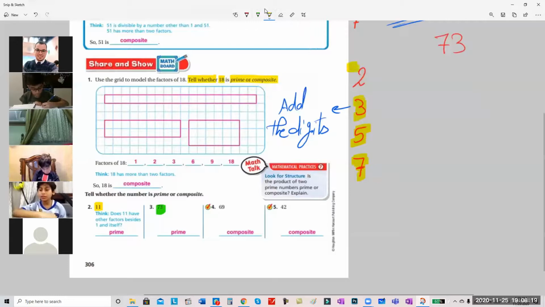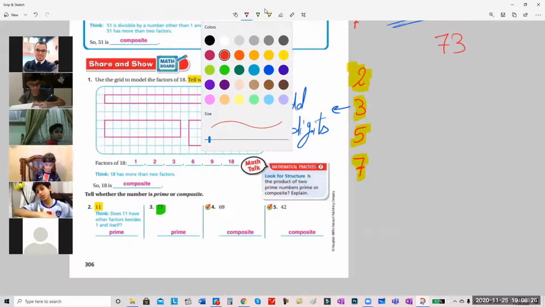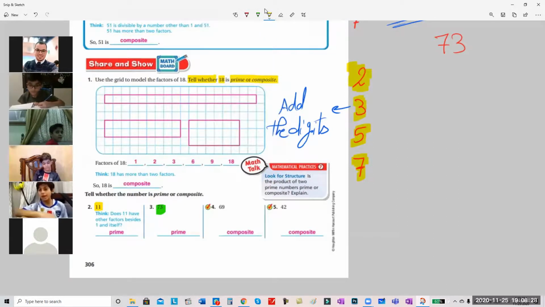Let's check it with 2. Can we divide it by 2, Ali? Nope. Why? Because 7 is in the tens place. We are not using the tens place; we are using the ones place here.